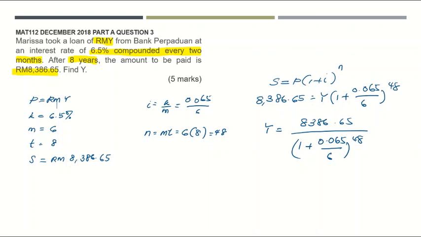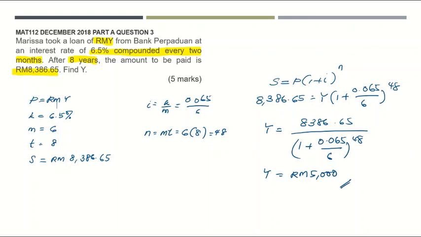Then you take the numerator, 8386.65, divided by the answer you just got for the denominator. You get the answer Y equal to RM 5,000.